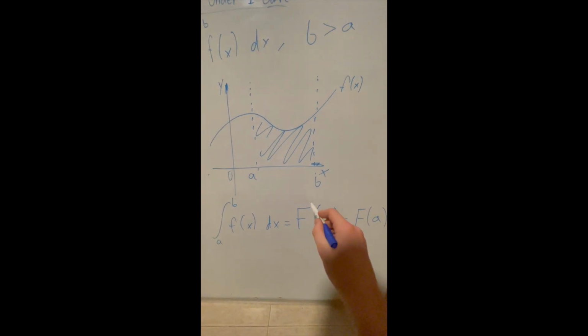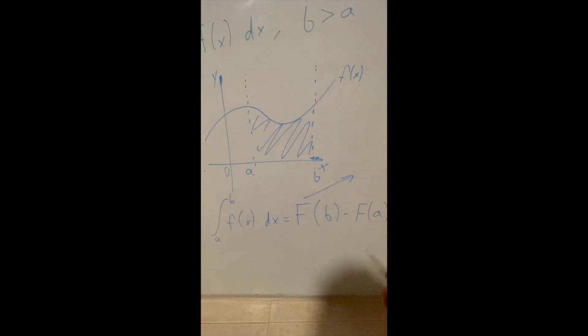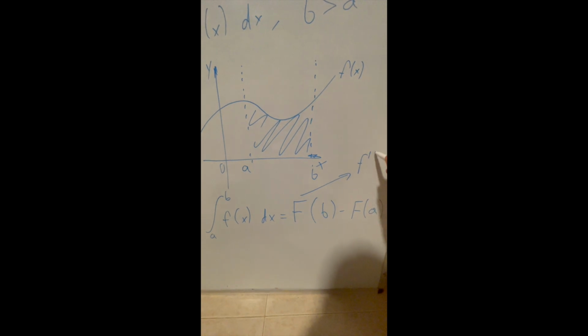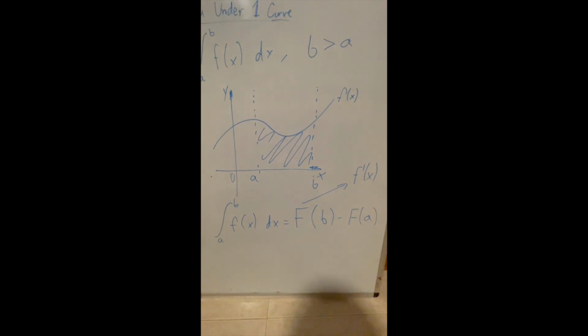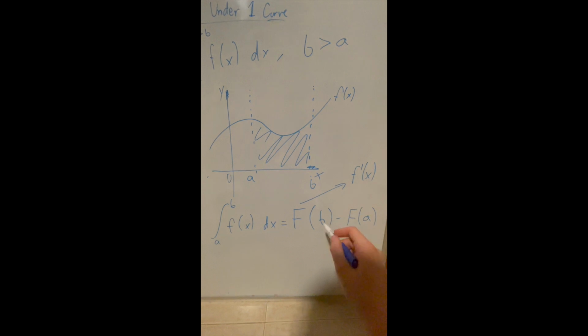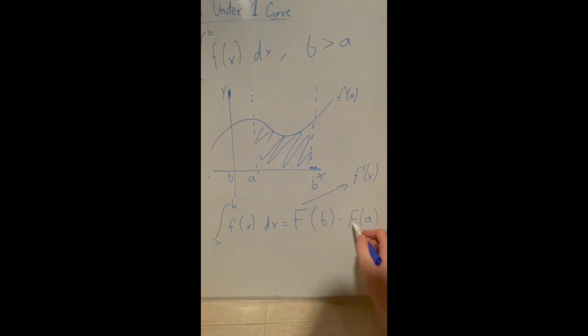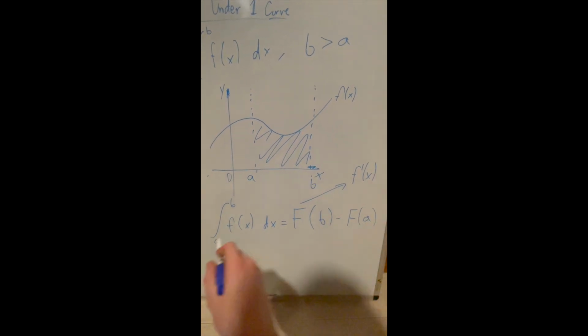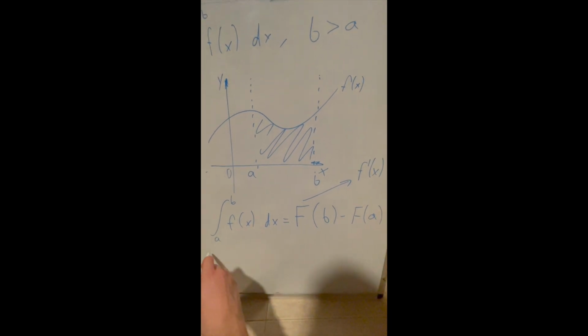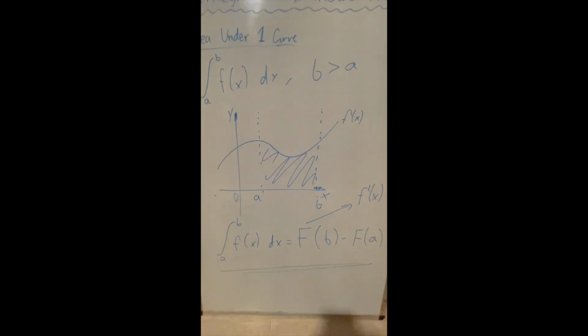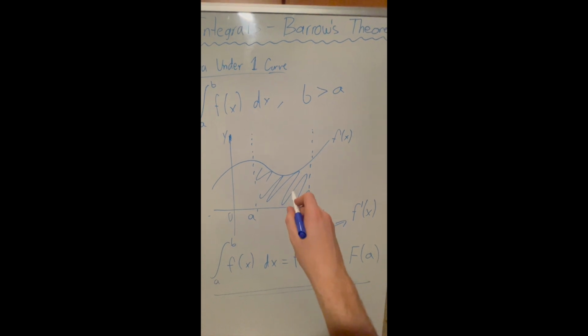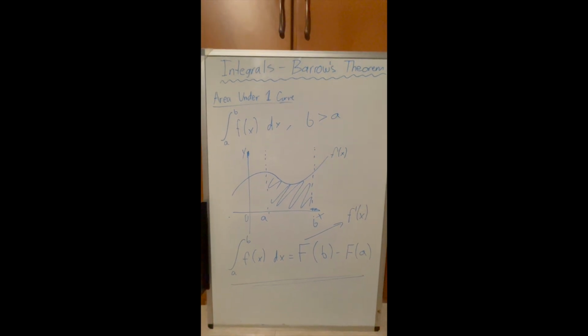This capital letter F basically means the antiderivative of f of x. So this is going to be the antiderivative evaluated at point B, and this is going to be the antiderivative of f of x at point A. And by just using this simple formula, we will find the area under the curve of this function.